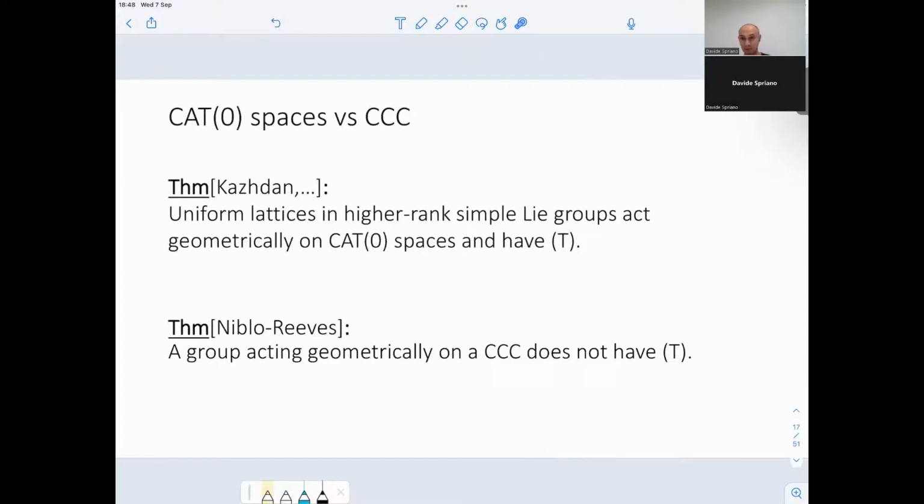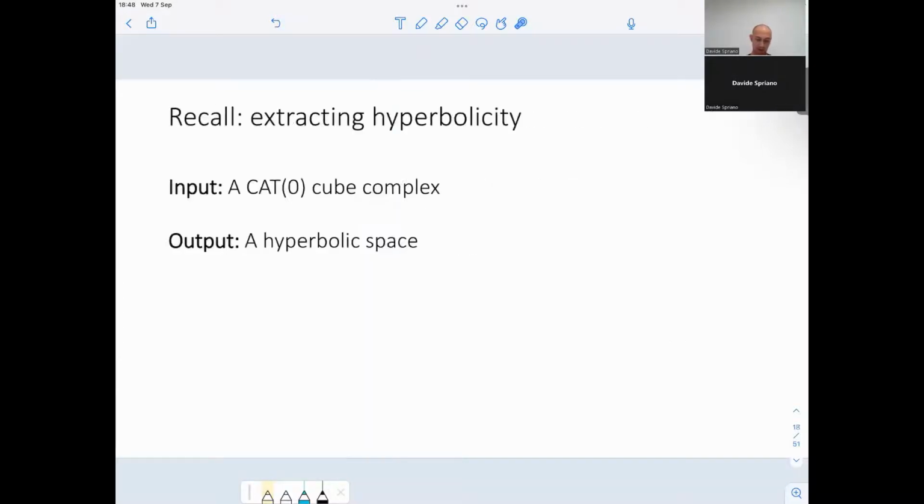But then a theorem of Niblo and Reeves shows that any group acting geometrically on a CAT(0) cube complex does not have property (T). So those are all groups that are CAT(0), but not acting on CAT(0) cube complexes. So there really is a difference between the two classes.